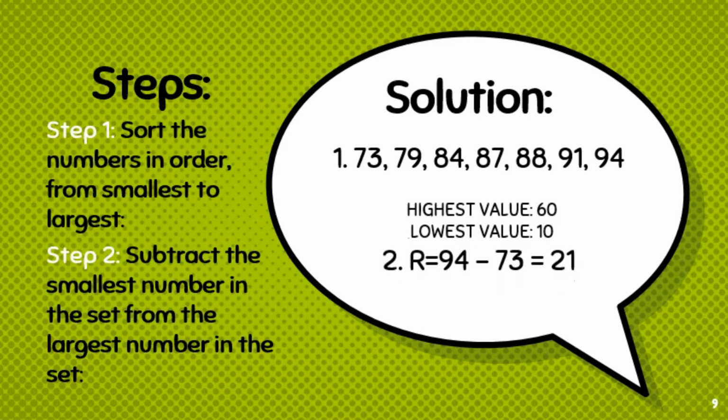The range is equal to 94 minus 73 is equal to 21, and the range is 21. That's all for the topic range.